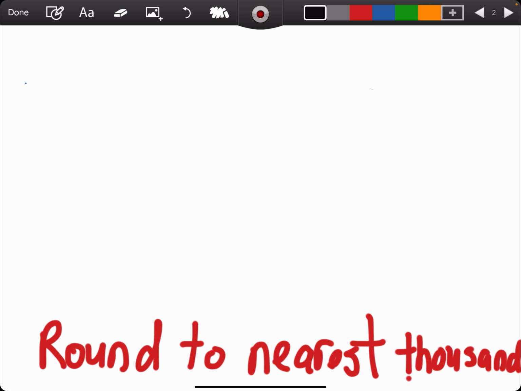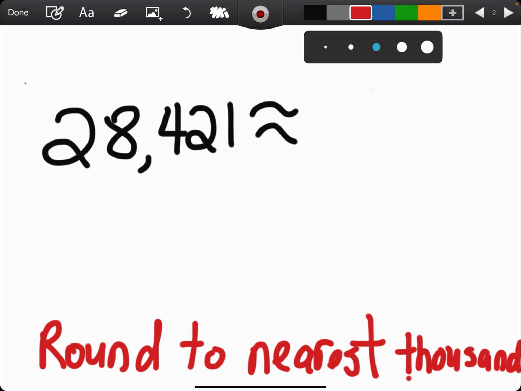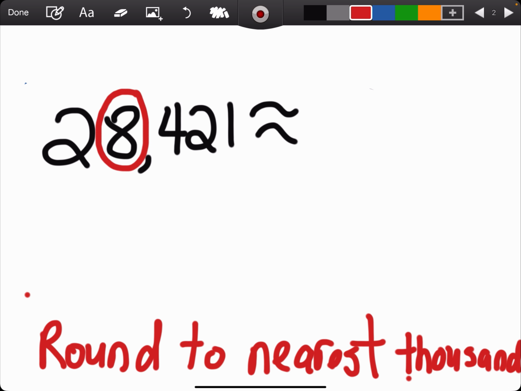Let's go to 28,421. All right. We want to round that number to the nearest 1,000. So step 1, locate the digit that's in the thousands place, which would be the 8. Who's in charge of the 8? The digit to the right of the 8 in our hundreds place, which is the 4.